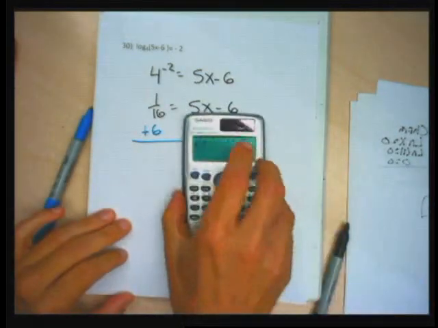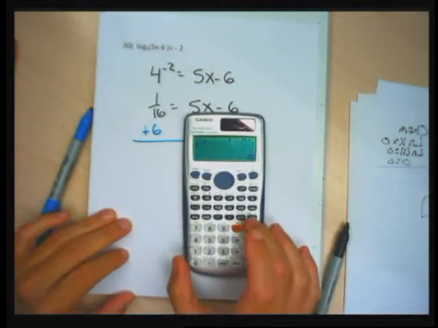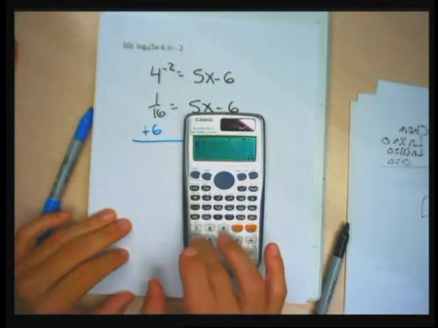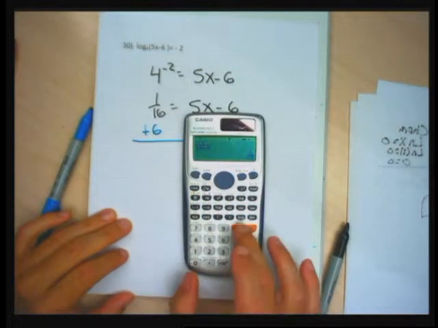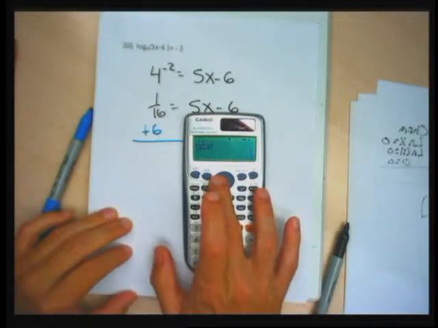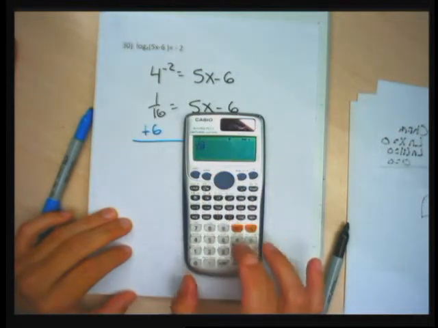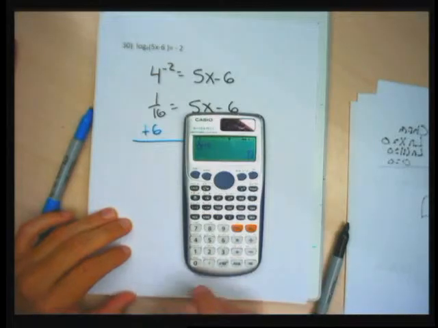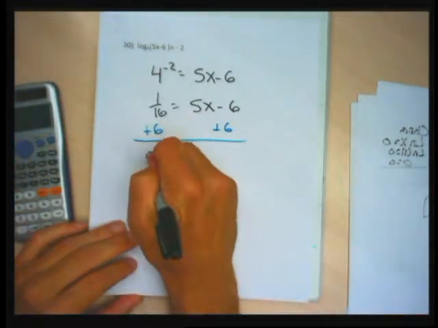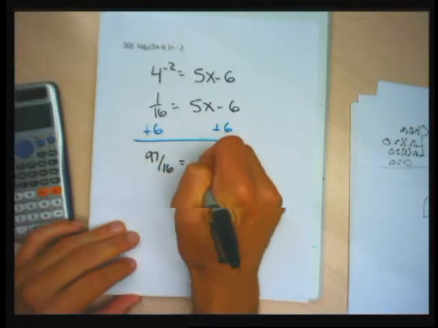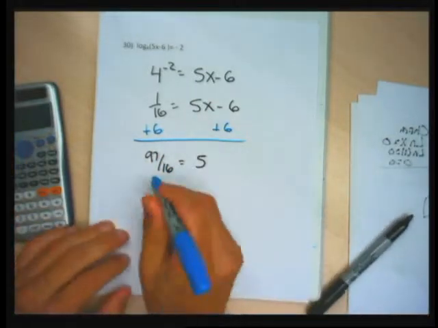I'm going to add 6 to both sides. 1/16 plus 6, I don't feel like doing that right now. That's 6 and 1/16. So let me try that on the calculator. 1/16 plus 6. No. Messed up on that. Plus 6. I get 97 over 16 equals 5x. I think I had problems entering something like 5x.